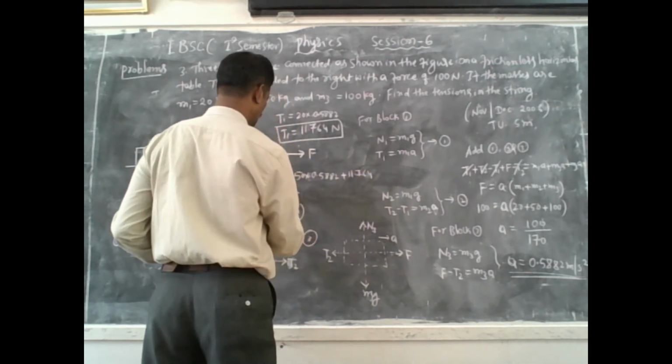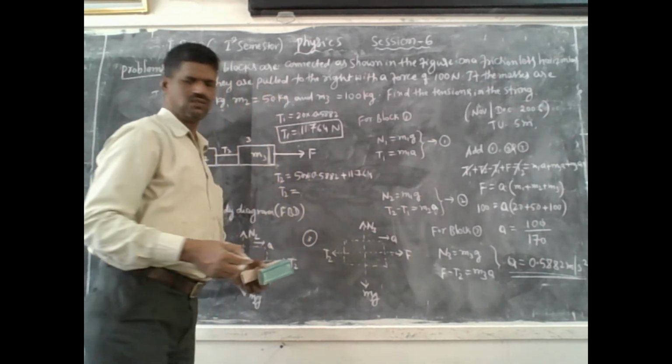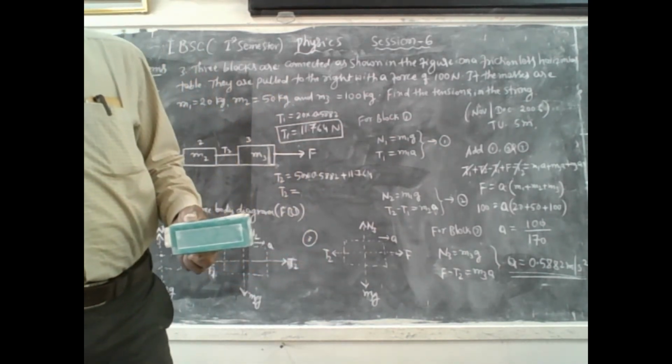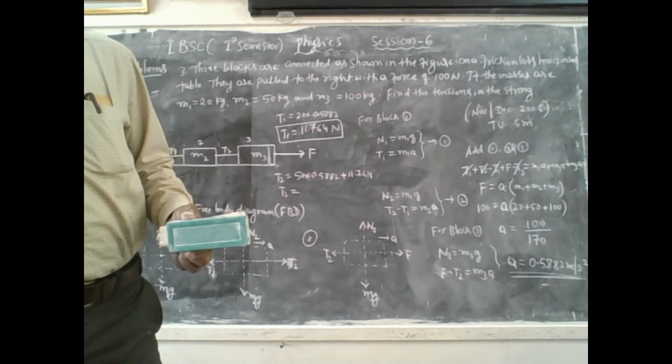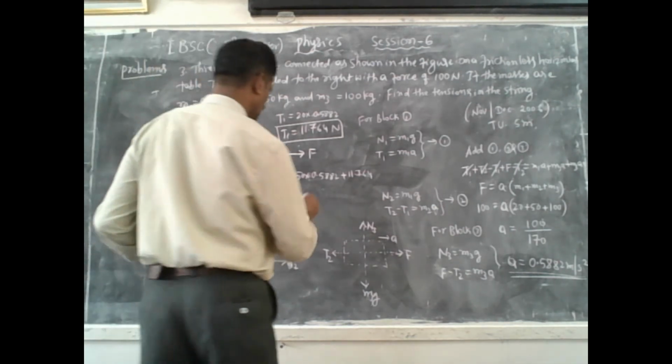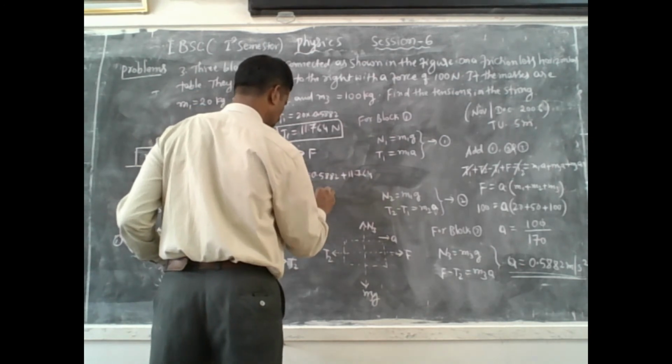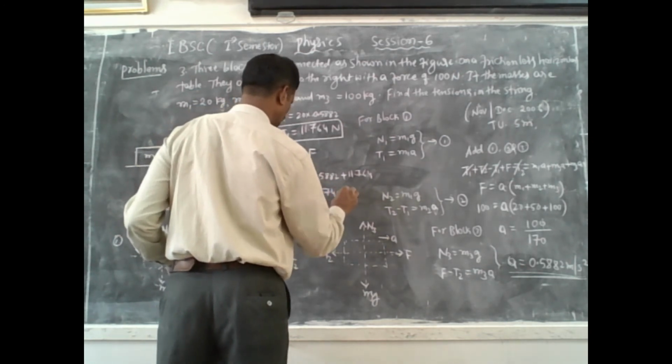What is the T2 value? T2 equals 41.174 Newton.